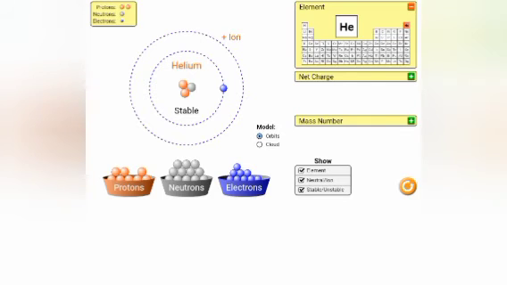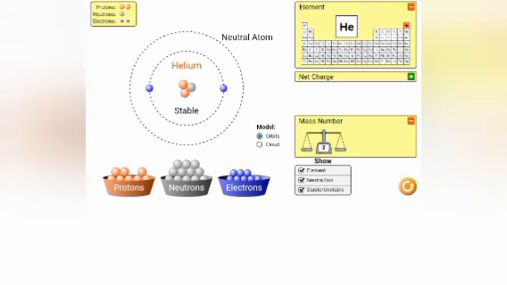Then we also need to add one electron to make it a neutral atom. So helium has two protons, one neutron, and two electrons. Now, the mass number of helium is approximately 3. Why? Because it has two protons, one neutron, and two electrons.